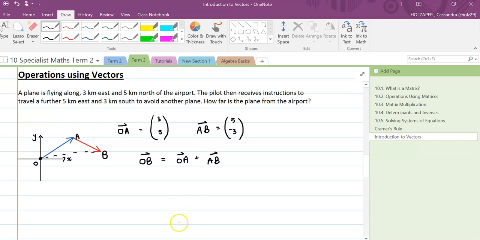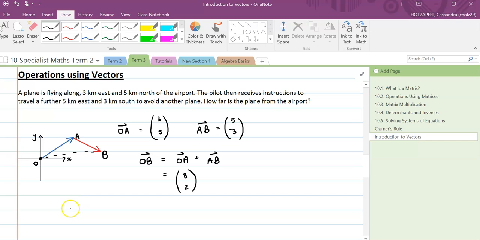Since this is already in its component form, so it's got the X and the Y components, all I need to do is add each of these. So this is going to become 3 plus 5, which is 8, and then 5 plus negative 3, which is 2. So this is my position of this vector OB.